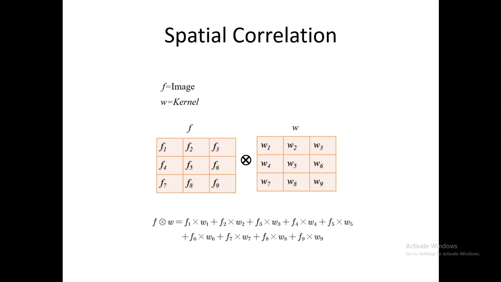What we get is the sum of product. Here f1 is multiplied with w1, f2 is multiplied with w2, f3 is multiplied with w3, and so on, and finally we take the sum of product, which gives us the spatial correlation at the pixel f5.